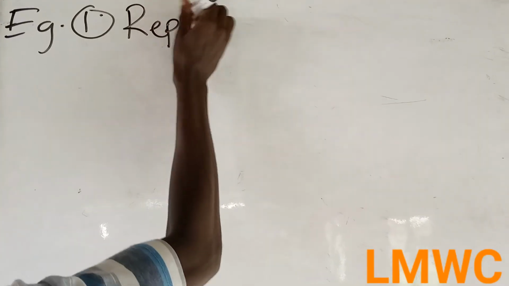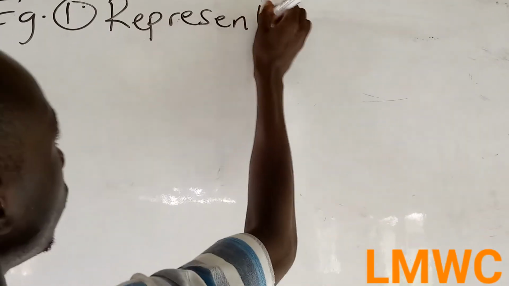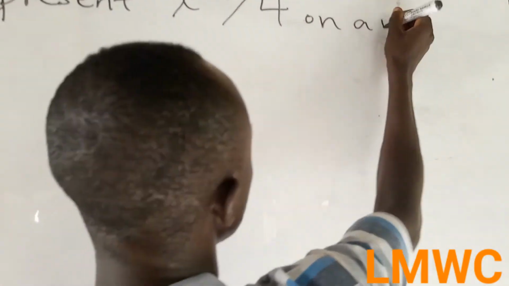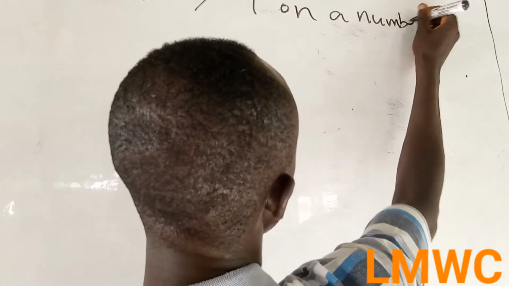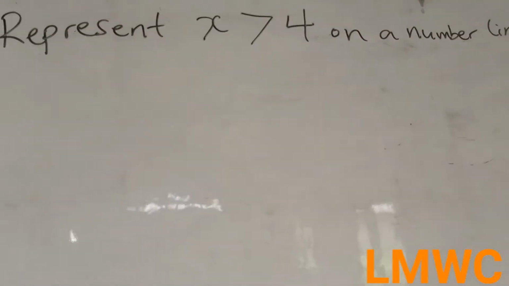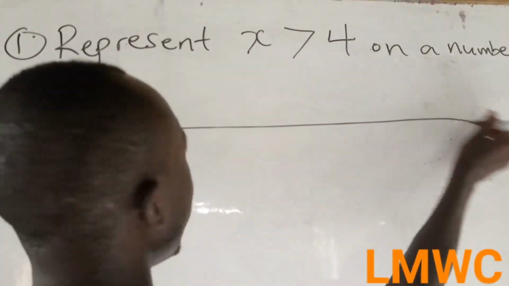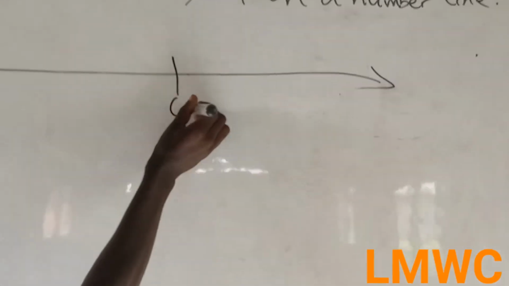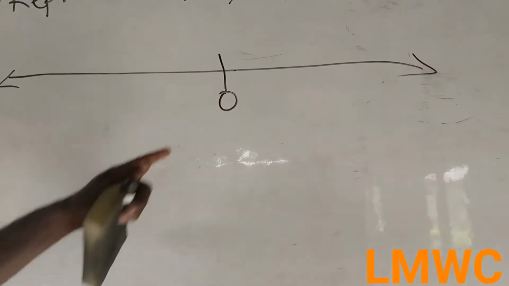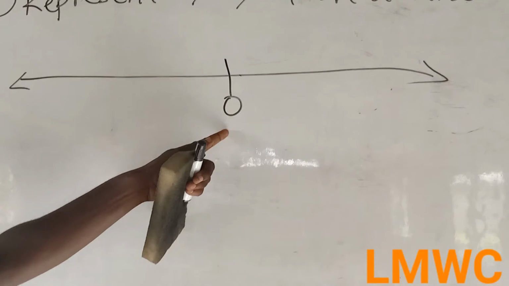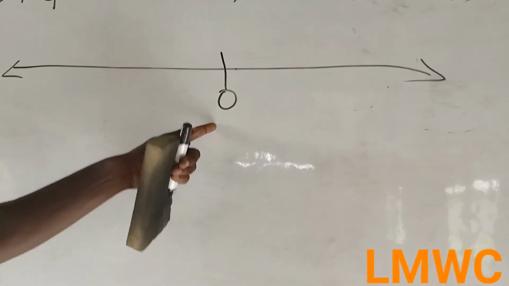Example: x is greater than 4 on a number line. And always take note that a number line is always divided into two main equal parts. This 0 divides it into two main equal parts. It is neither positive nor negative.